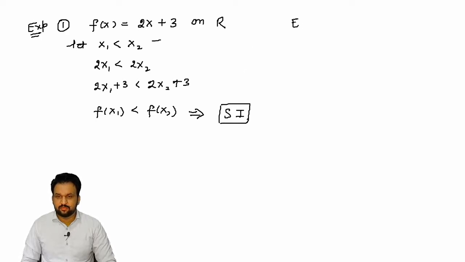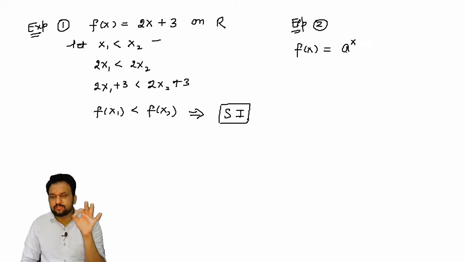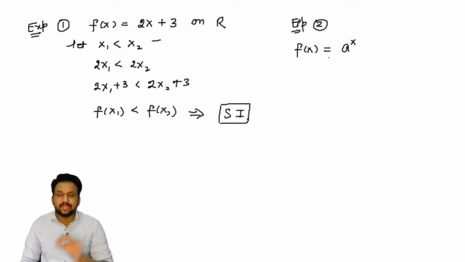Here is example number 2. Consider the function f of x equal to a raised to power x. In the case of a constant raised to an algebraic power, what a stands for matters.